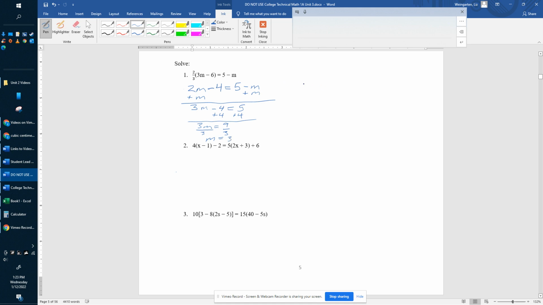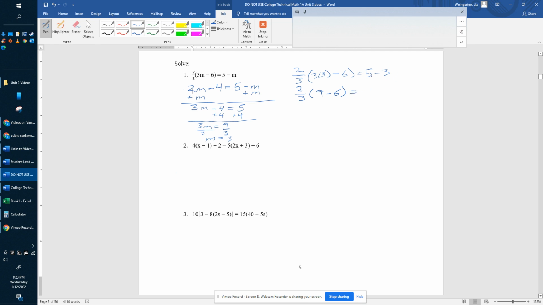Now let's check our answer. 2/3 times 3 times 3 minus 6 equals 5 minus 3. Performing our order of operations, we have to do what's in the parentheses first, and we have to do multiplication in the parentheses first. So we have 2/3 times 9 minus 6.